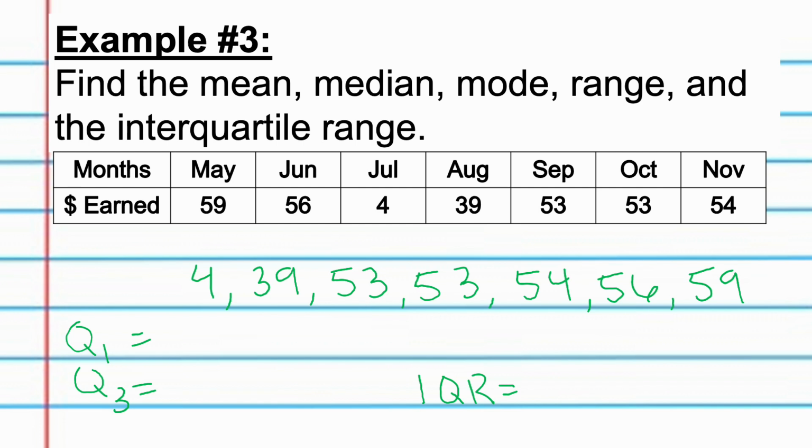Okay, so step 1 for finding your interquartile range was putting the numbers in order from smallest to largest, which we can just copy over from our first part of this example. And then we find our median. So our median in our interquartile range is 53.